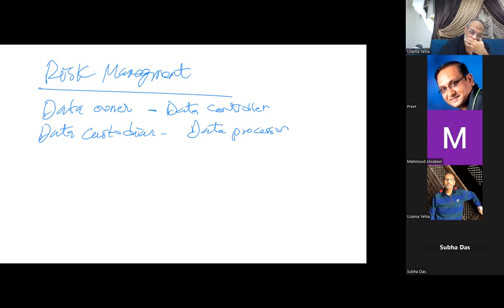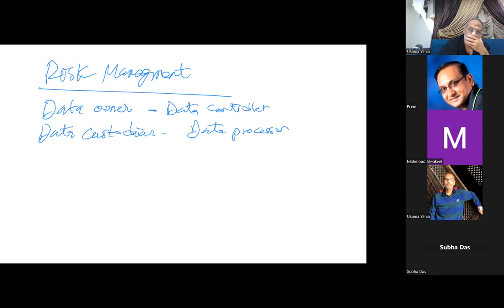A controller is a person who, on behalf of the data subject, controls the data, and he is accountable and responsible for the data with respect to the data subjects.